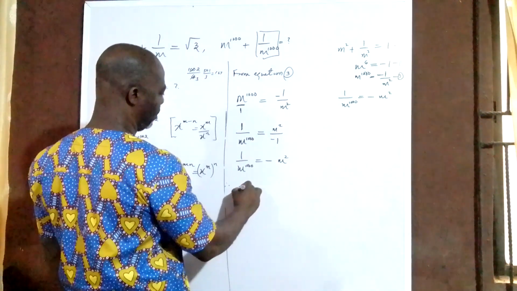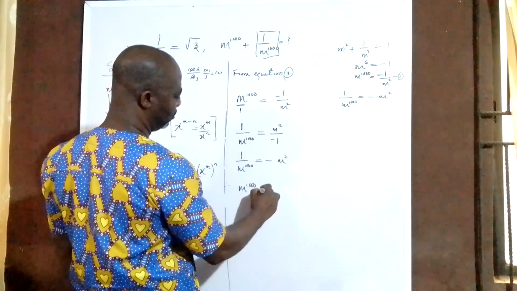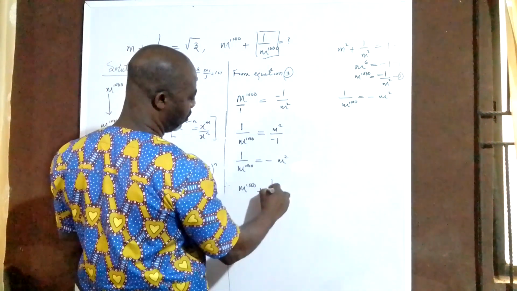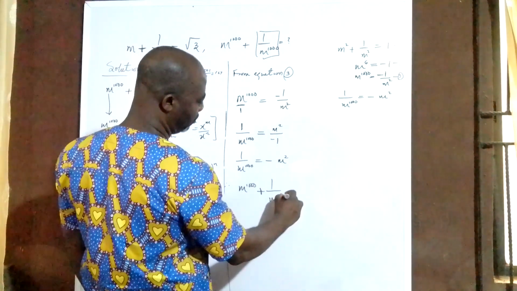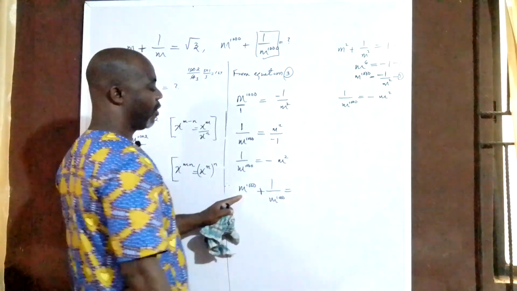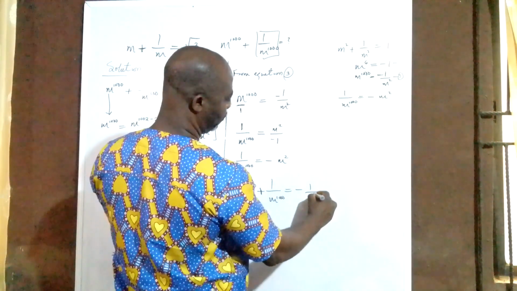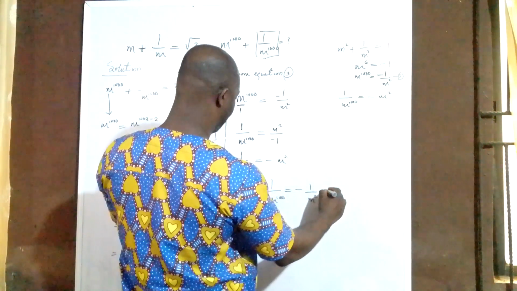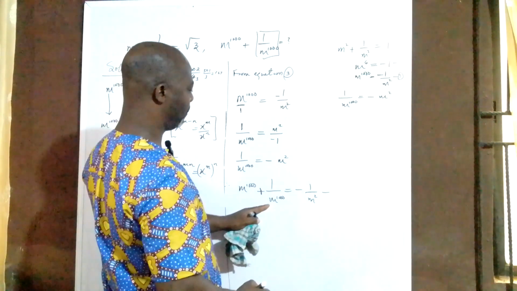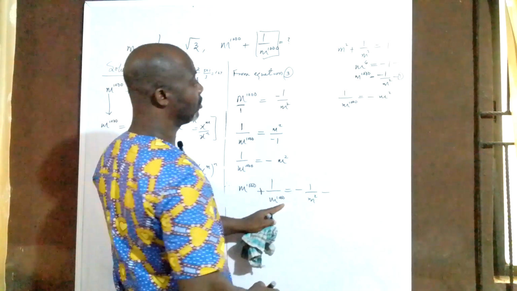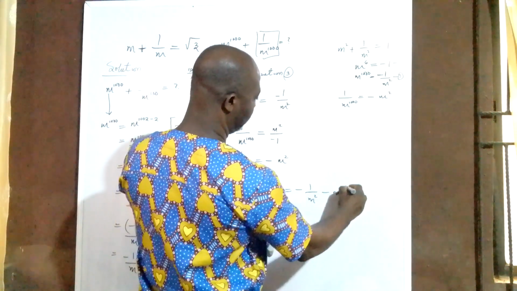Therefore, m to the power of 1000 plus 1 over m to the power of 1000 is equal to minus 1 over m squared, and then 1 over m to the power of 1000 is minus m squared.